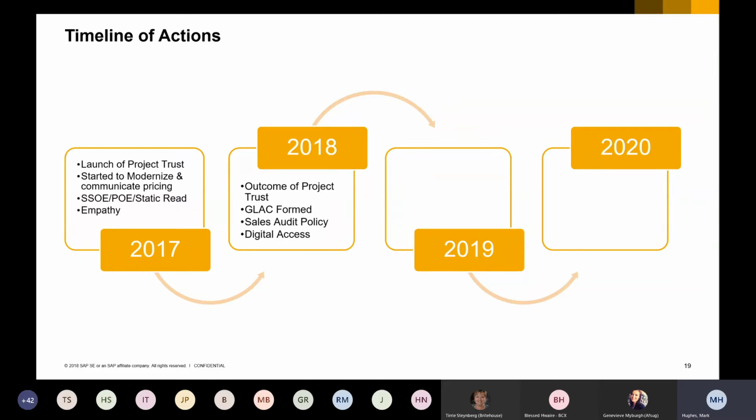And the policies were also clear that our sales force, when they're talking to you, our customers, they need to make it clear what this thing about indirect use is all about. They need to make it clear that it's a risk and it's something that our customers need to be aware of, especially when they're purchasing new software and making changes to their existing models and landscapes and architectures.